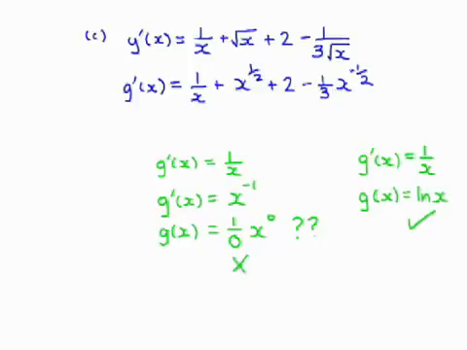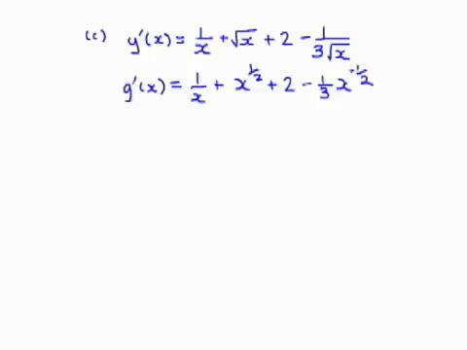So by leaving g prime of x as 1 divided by x, I was hoping to prompt you that its antiderivative would be the natural log of x. So erase what we've done in green, and we'll now state g of x. G of x is going to equal the natural log of x plus, now my next term, I'm going to be taking my exponent, which was a 1/2, and I'm going to be increasing it by 1, so it becomes a 3/2.